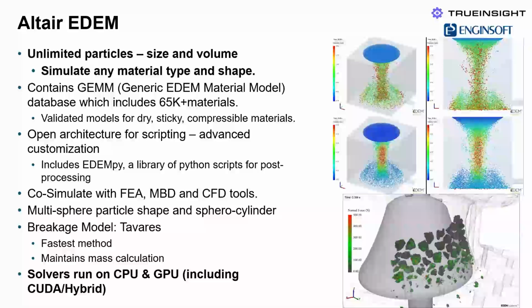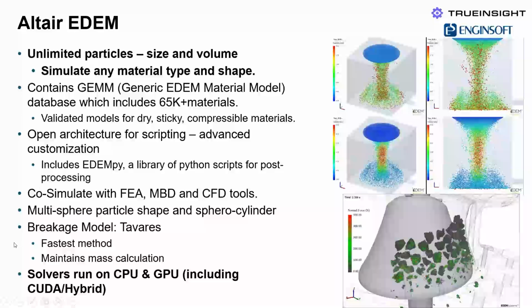And there's different types of materials, the dry materials, sticky materials, compressible materials. And so this database is a good starting point to come up with the right types of parameters and shapes and so forth to represent different types of materials.